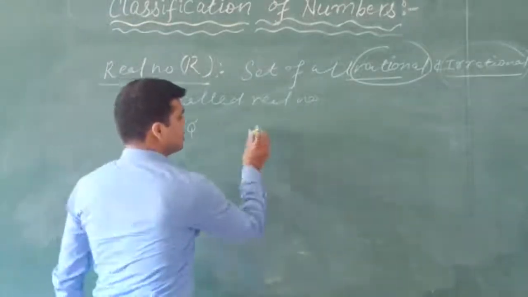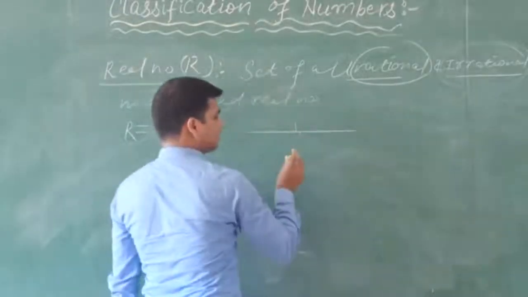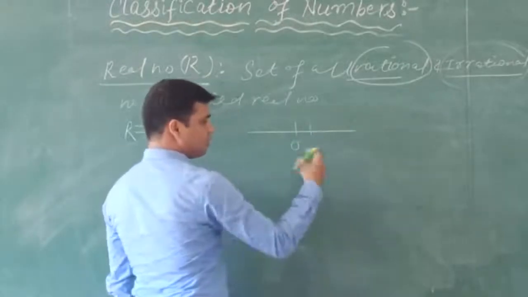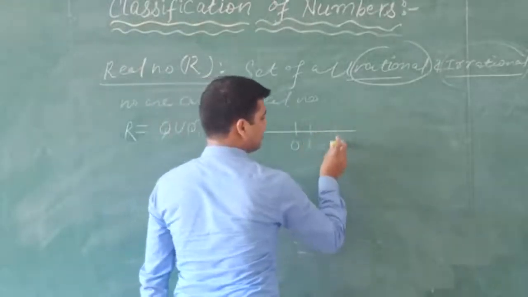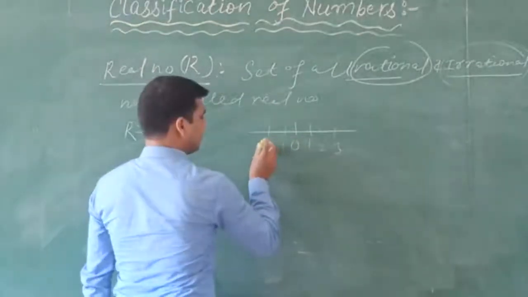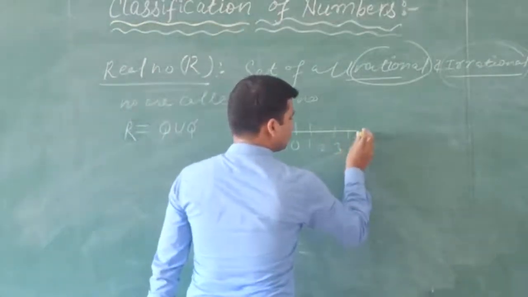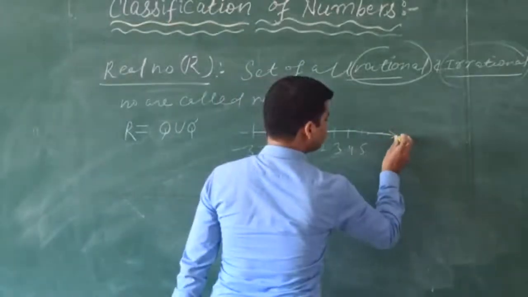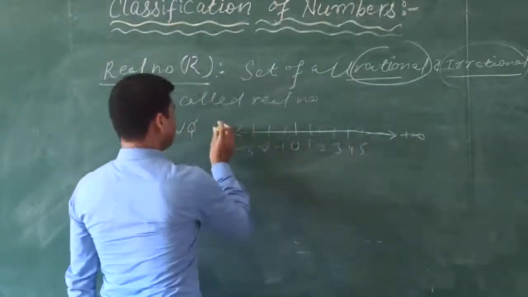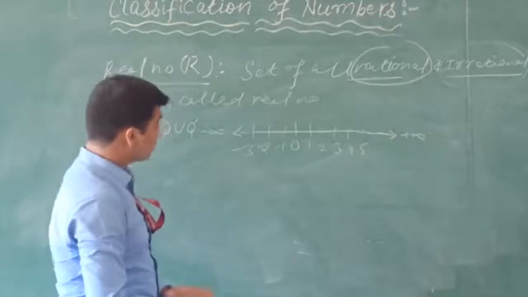Now see this number line. This one is 0. If you move towards the right side, you get positive numbers; if you move towards the left side, you get negative numbers. What is the value of root 3?